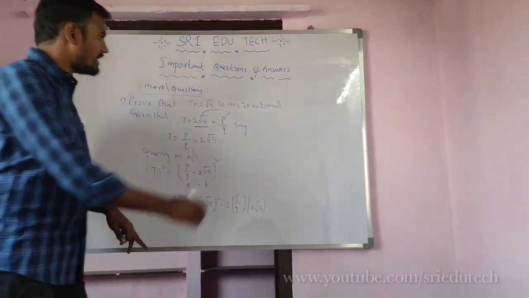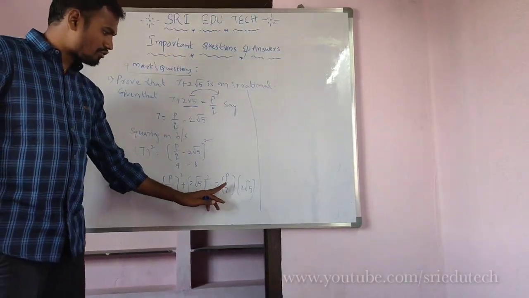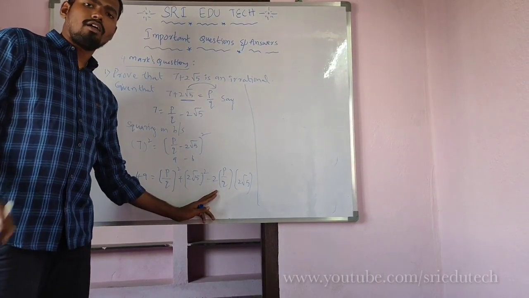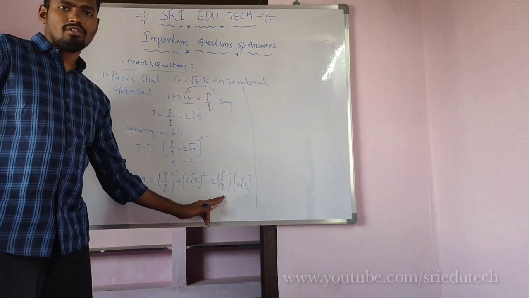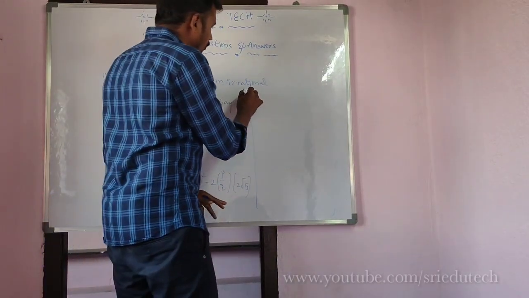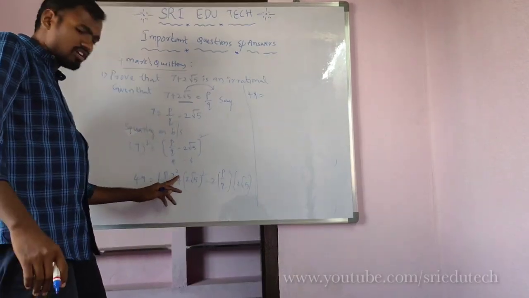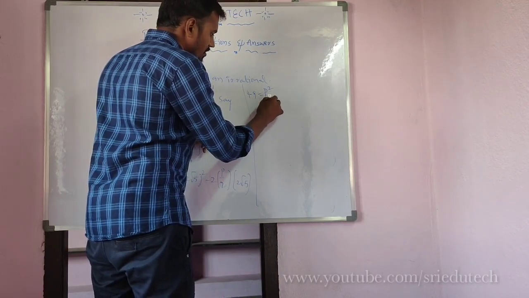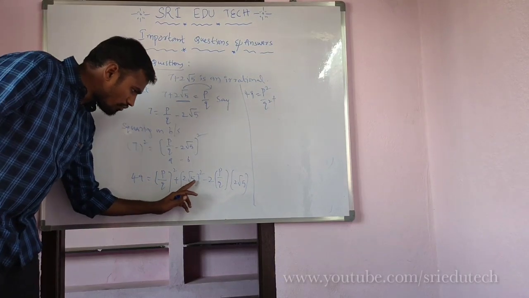Okay, right? See here, 2 root 5 into 2, how much? 4 root 5. Right? What is remaining here? P by q. Write down. See, 49 is equal to p by q whole square, that is p square by q square, plus, see here, 2 root 5 whole square.